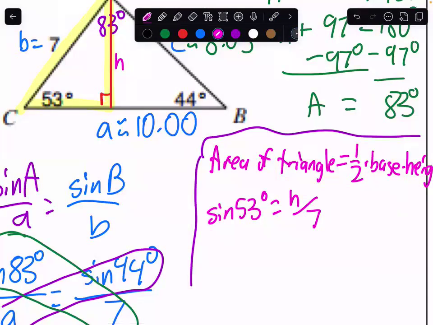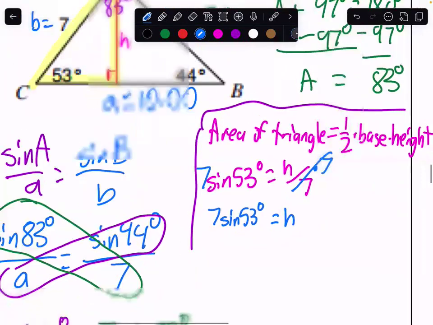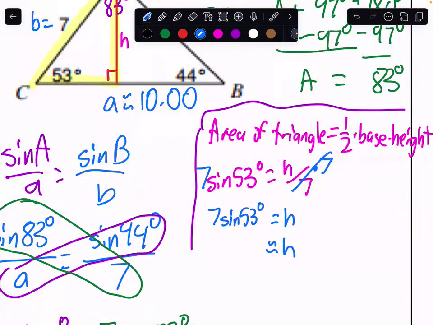Let's get the variable by itself. To get rid of the divide by 7, we would multiply both sides by 7. Now that the h is by itself, let's go ahead and use our calculators. So this is about 5.59.